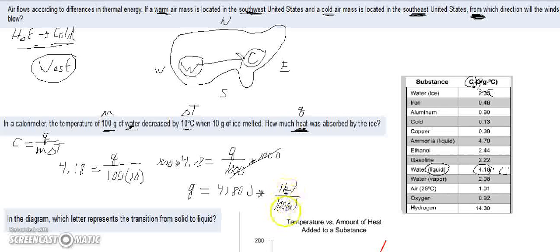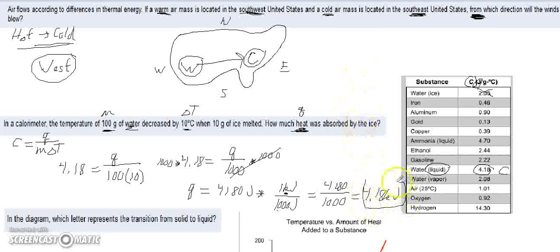So a kilojoule is 1,000 joules. And then I solve for this, multiply across the top, multiply across the bottom, and so it ends up being 4,180 divided by 1,000 equals 4.18 kilojoules. And that is our answer.